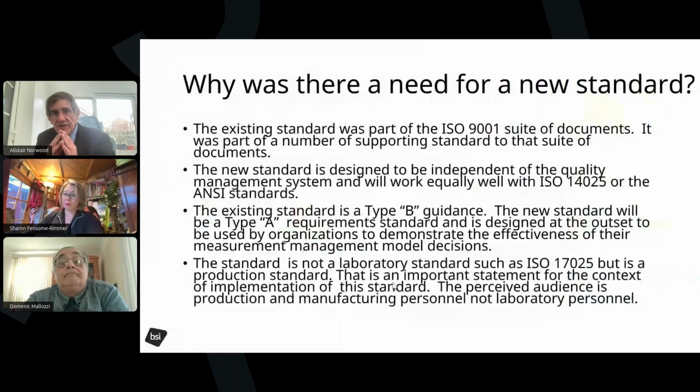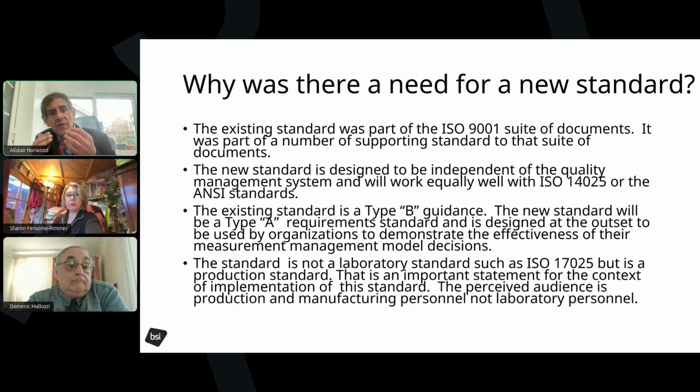The biggest question that we were asked was, why is there a need for this new standard? Why has it become a type A standard rather than a type B standard? And what difference will that make? Normally, it was part of 9001 and it was just a sub-document. People could use it, not use it. To be honest, it was being abused as part of being a substandard. When it was made a type A standard, it meant that people have to be accredited to it and they have to work to meet the requirements of it.